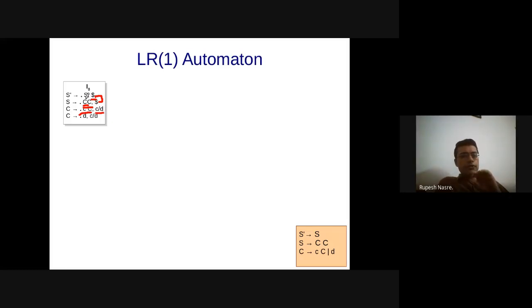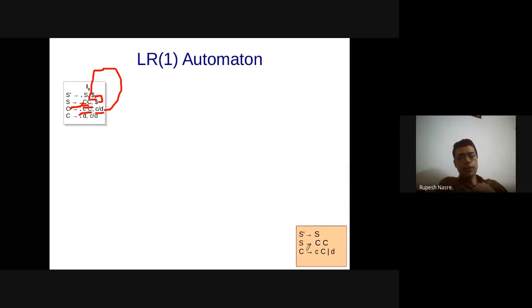If I am talking about this first C, the lookahead should be the first of the second capital C. If I am deriving a non-kernel item from the first C, this one is the same as this C, because I am deriving it from that item, then the lookahead should be what comes after this C gets reduced. This C is going to be the first C, and therefore the lookahead should be the first of this capital C, which is c or d.